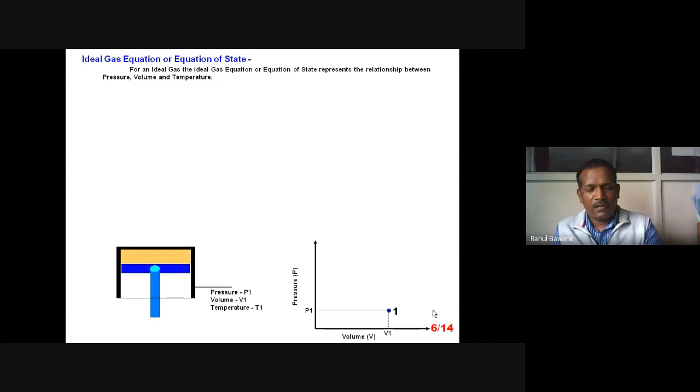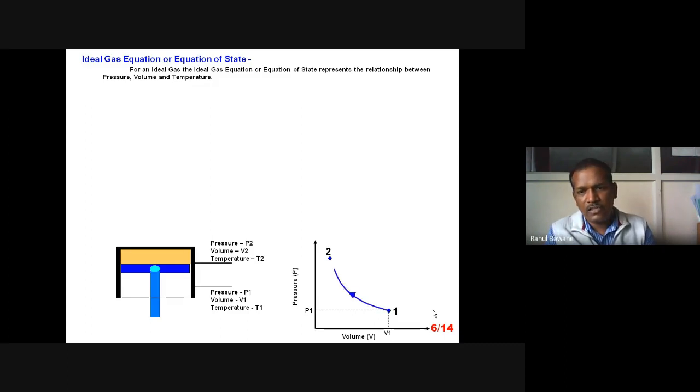Now if I move that piston inward, the gas will get compressed. So definitely its pressure, volume and temperature will change. On the PV diagram, I can say that pressure is increased and volume is reduced. So I can plot state 2.